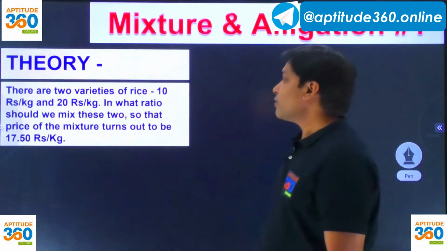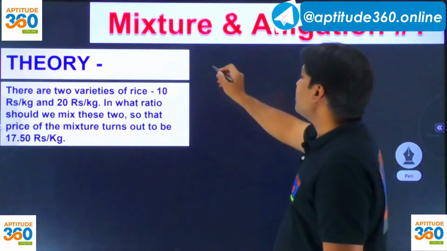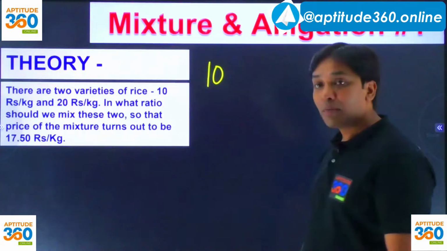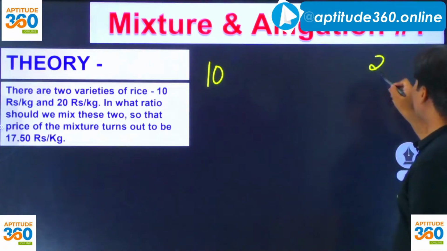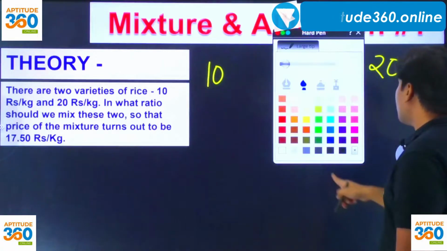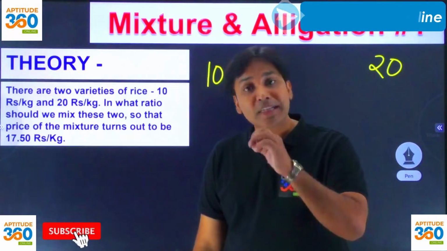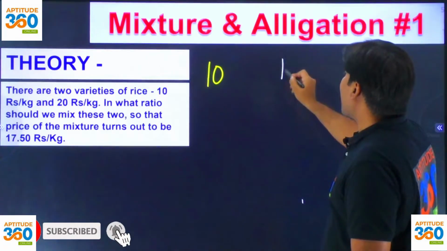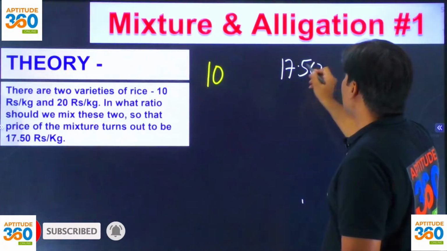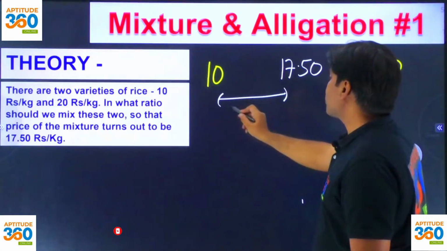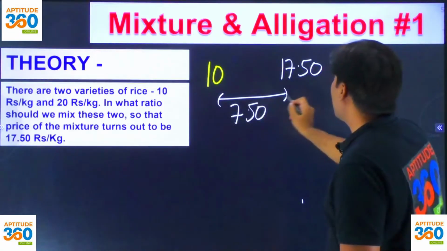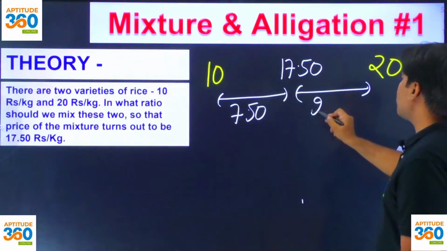There are two varieties of rice, 10 rupees per kilogram. Again you have got 10 rupees per kilogram and then you have got 20 rupees per kilogram. What do you want? The price of the mixture should be 17.50. If it will have to be 17.50, understand this distance out here is 7.5 and this distance out here is 2.50.